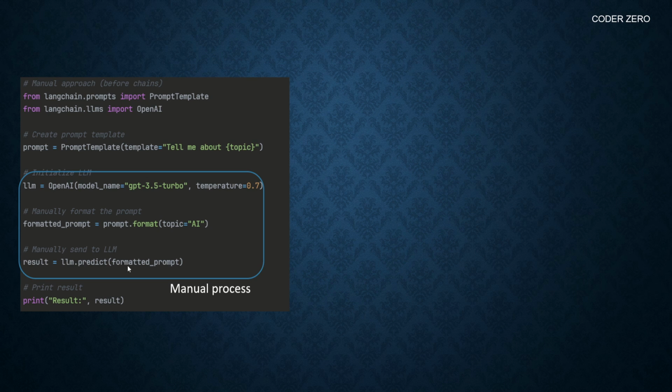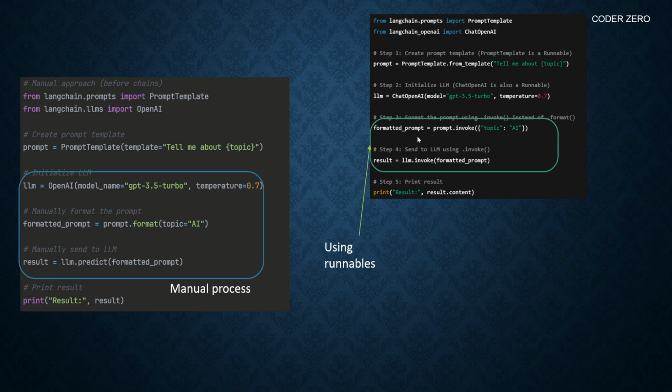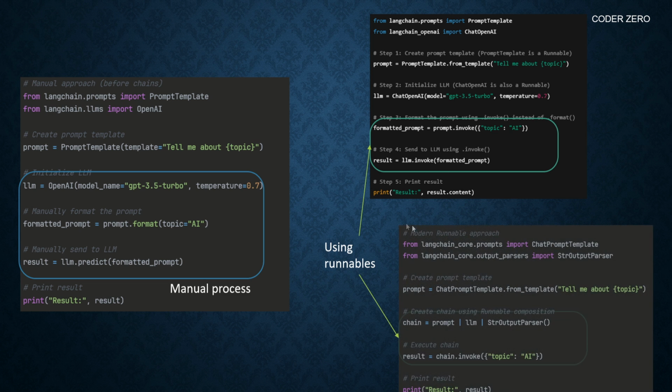Now with runnables we can convert this into something like this. For the prompt we have invoke, and for the LLM we also have invoke. So we are using similar calling conventions here. If we use chains, this code becomes something like this.